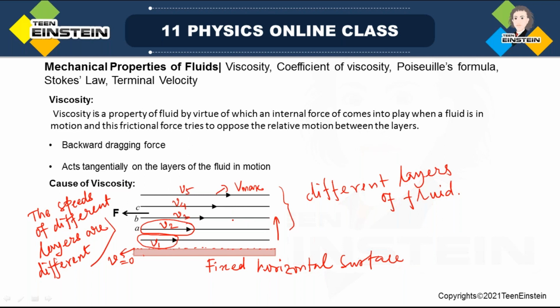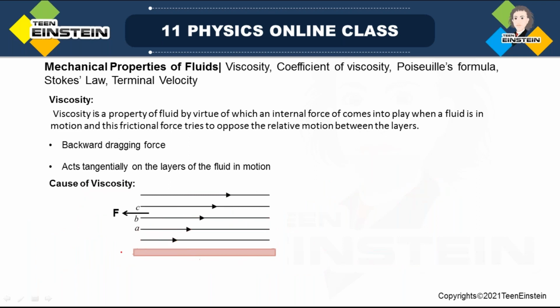The layer attached to the fixed surface has velocity v0, then v1, v2, v3, v4, and v5.